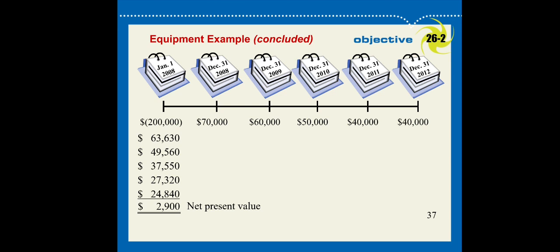So how to calculate the net present value? The net present value is all the cash in minus the cash out. So in this example, the difference between the cash in and cash out is 2,900. Okay, that 2,900 is known as the net present value. It shows that for this equipment, the net present value of cash in is higher compared to the cash out.